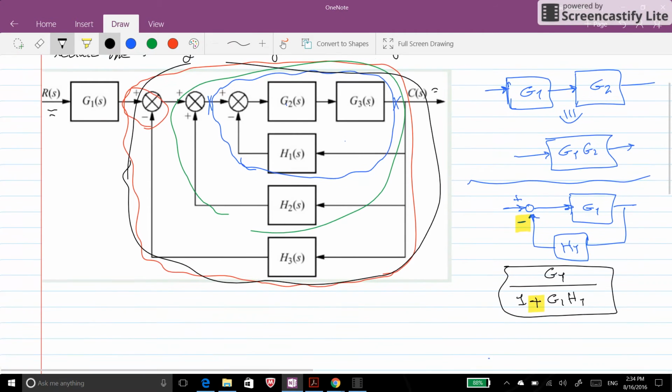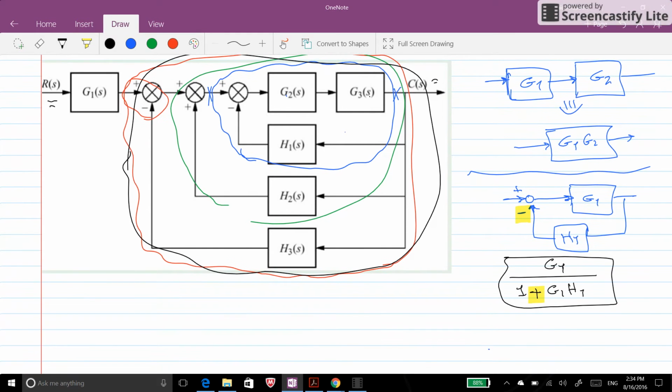All right, so let's go forward. As the first step, I will simplify G2 and G3 here. So they are in series with each other. G2 and G3 will result in the G2 G3 transfer function, which is in a feedback loop with H1. So we will have this situation here: G2 G3 and H1 in the feedback loop with a negative.